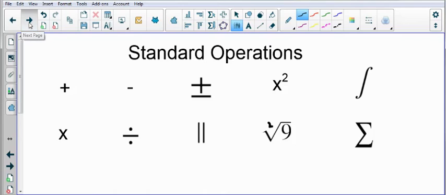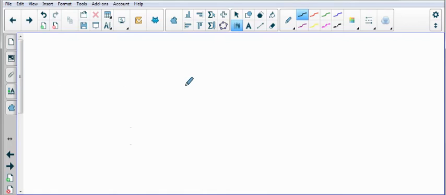So let's think of what a non-standard operation might be. Well, what if we made up our own? What if we said, anytime I see this symbol right here, that means, well, first of all, let's see what values are going to be. Whenever I see that symbol, that means if I see a number A and a number B, we'll have to fill some numbers in for that.